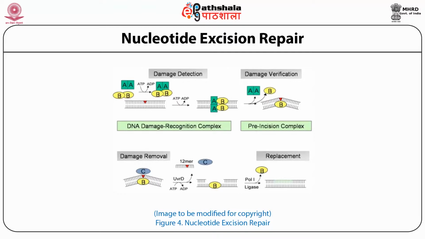coli, nucleotide excision repair is an ATP-dependent process where the action of UVRA, UVRB, and UVRC proteins, which are the products of UVRA, B, C genes, is required to repair the helix distortion in DNA.